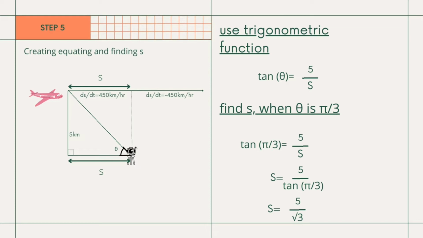Note that pi over 3 is 60 degrees, so we can substitute tangent pi over 3 with square root of 3, since tangent 60 degrees is actually square root of 3. So s equals 5 over square root of 3.